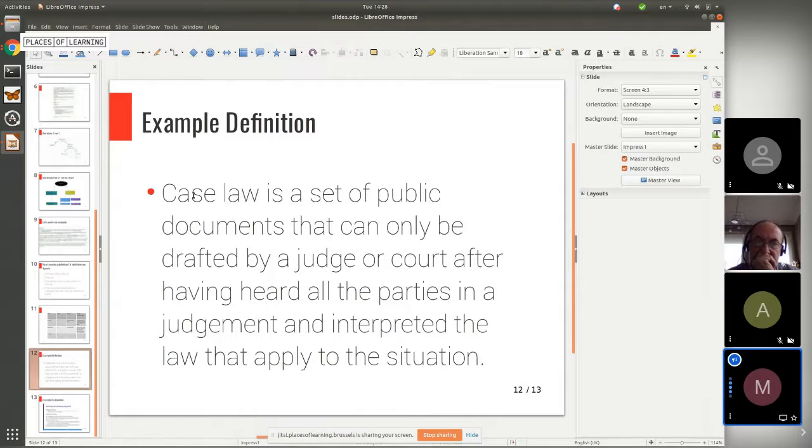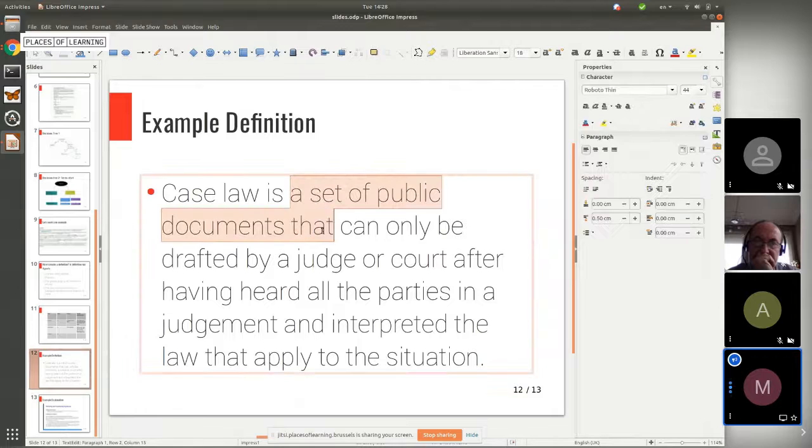You start with the term that you're trying to define, then the verb, then the group to which it belongs, a set of public documents, and then the specific characteristic of this object in the group to which it belongs. So case law is public documents that can only be drafted by a judge or court after having heard all the parties in a judgment and interpreted the law that applied to the situation. This is an example of a definition.